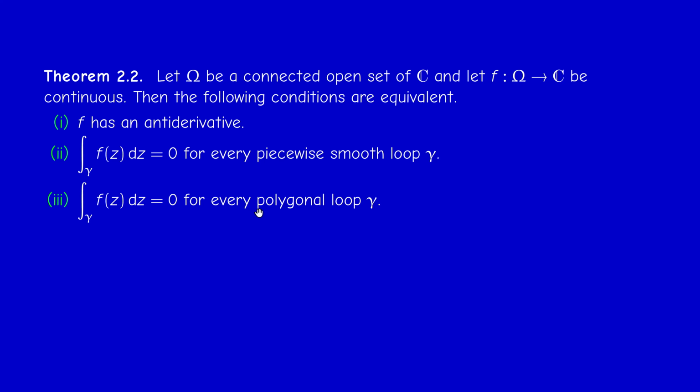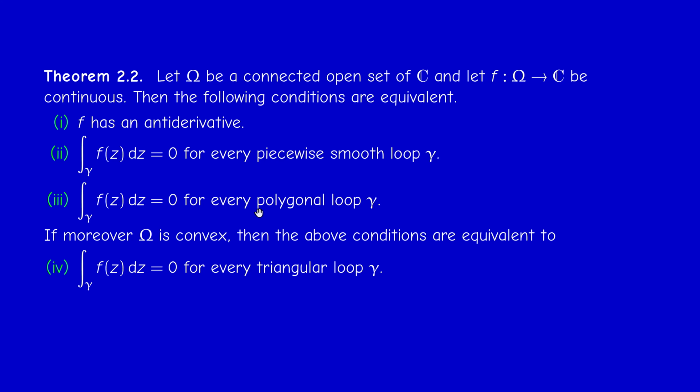Now, what is a polygonal loop? A polygonal path is just a broken line. So it's a path that is a straight line segment on each piece, right? So it's just a juxtaposition of straight line segments. Okay, so these three conditions are equivalent.